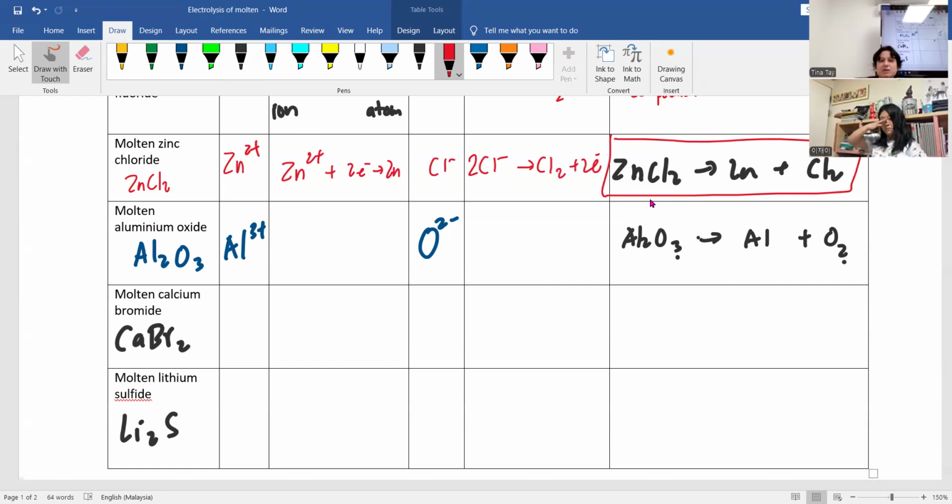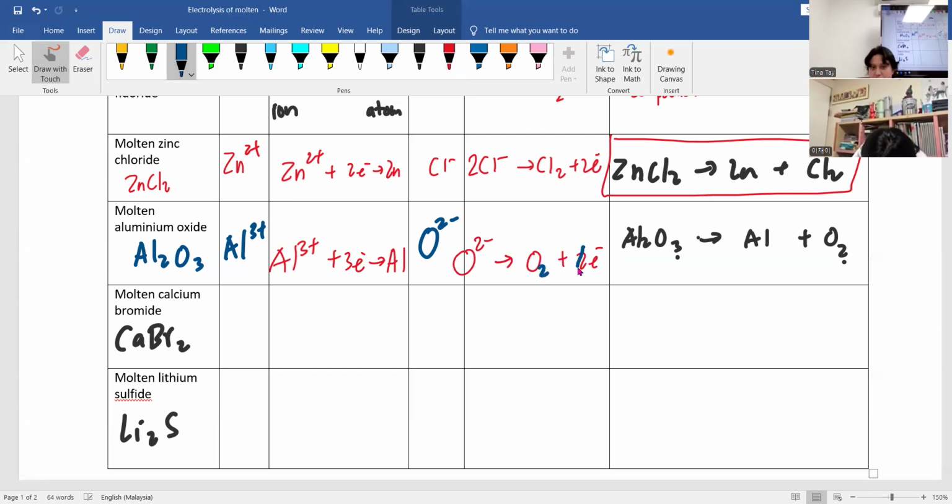This one is a little bit different because you want to balance. This one is 3 electrons become Al. This one is O2 negative. Each oxygen releases 2, so if you want to do O2, you need to release 4 electrons. So that's why the equation looks like this.